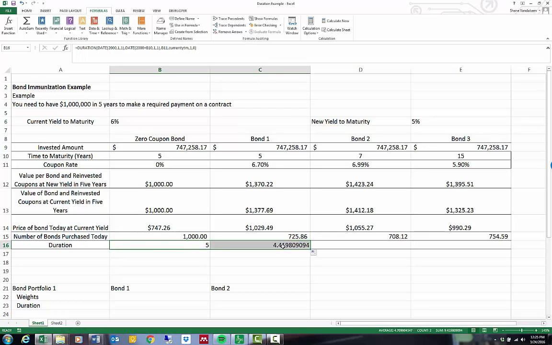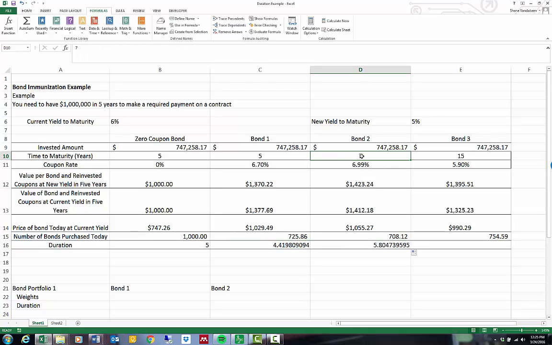For bond 1, the duration is 4.4198. That makes sense too, because its time to maturity is 5 years. We know that having a coupon payment will decrease the duration of a bond. It decreases its interest rate risk. I'm going to pull this over again. I get 5.805, and again, its time to maturity is 7 years.